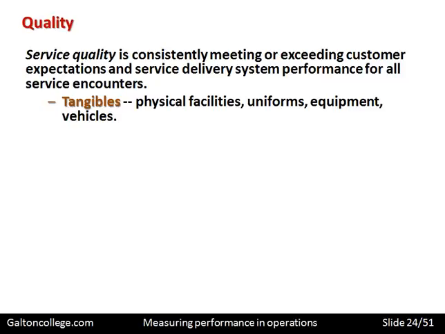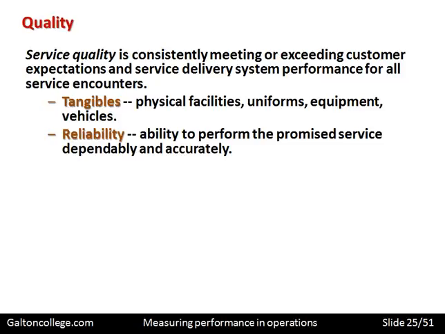Are the staff polite and courteous, and do they wear uniforms, and do they have a lot of equipment, and what's the feeling, the tangibles, what we can see, what we can experience? What are they like in terms of the place we've taken the car to be? Because these are symptomatic of the type of service we're likely to get. Reliability, the ability to perform the promised service dependably and accurately.